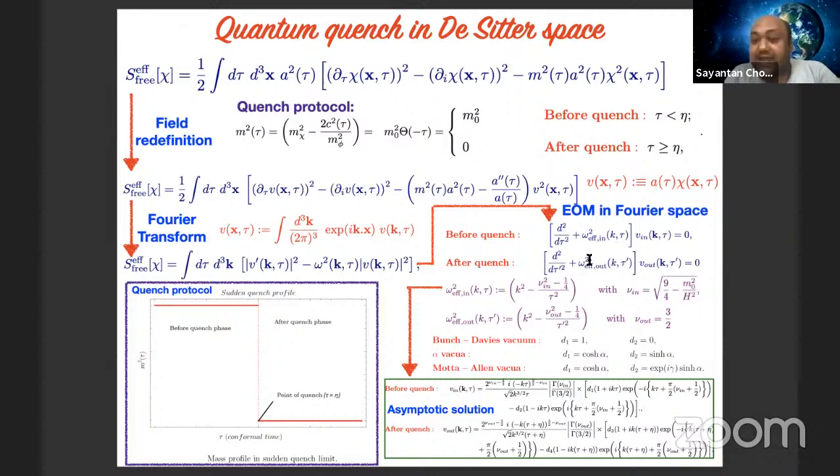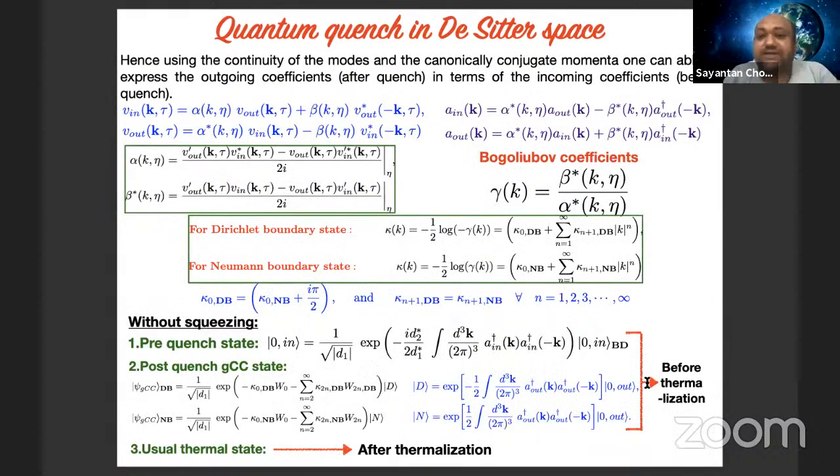And you can actually calculate the solutions, which we call asymptotic solutions, before quench and after quench, for different initial conditions.